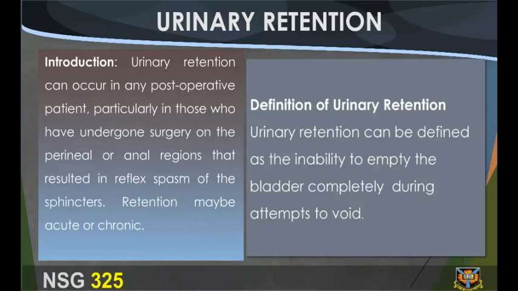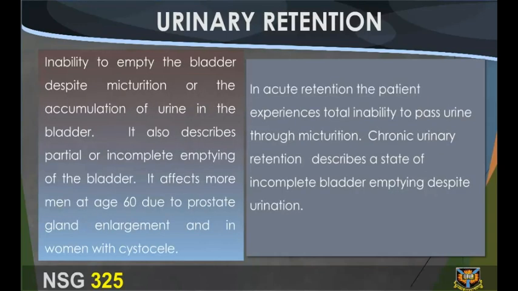Definition of urinary retention. Urinary retention can be defined as the inability to empty the bladder completely during attempts to void, the inability to empty the bladder despite micturition, or the accumulation of urine in the bladder. It also describes partial or incomplete emptying of the bladder.